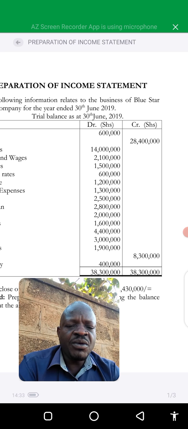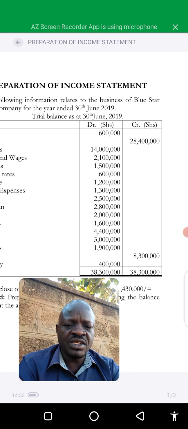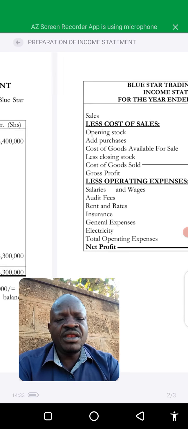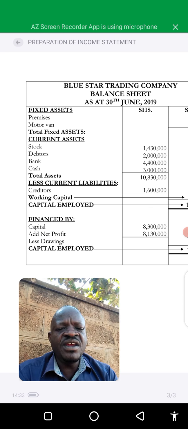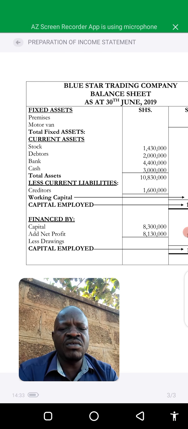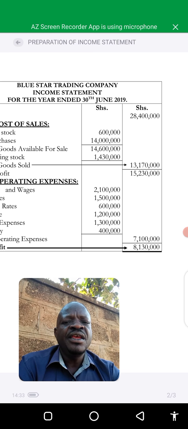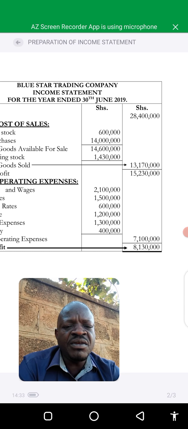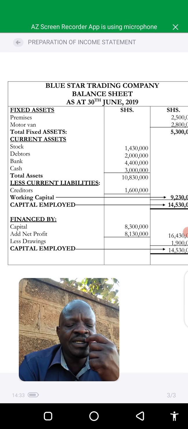Because in the column of credit, we have only two items. Actually, it's the second item, capital of 80,300,000. So that figure, we are adding on net profit. Net profit was got in the income statement of 8,130,000. We now add it there.